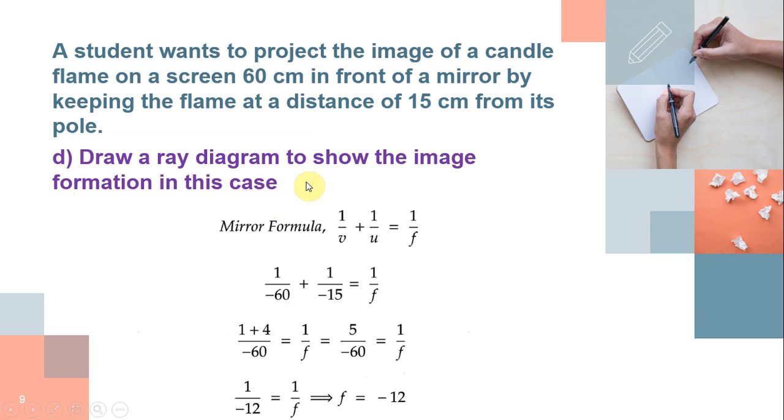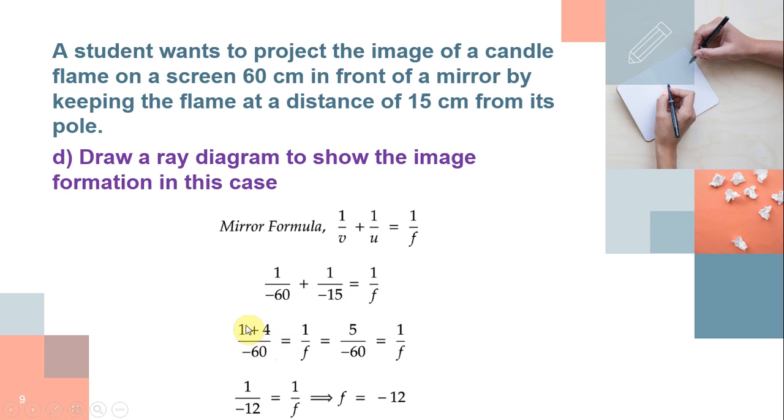Here we need to find the value of F because we have only the U and V values. So we need to find the value of F. The mirror formula is 1 by V plus 1 by U is equal to 1 by F. Now substituting the values of V and U, 1 by minus 60 plus 1 by minus 15 equals 1 by F. So taking the LCM, minus 60 is the LCM.